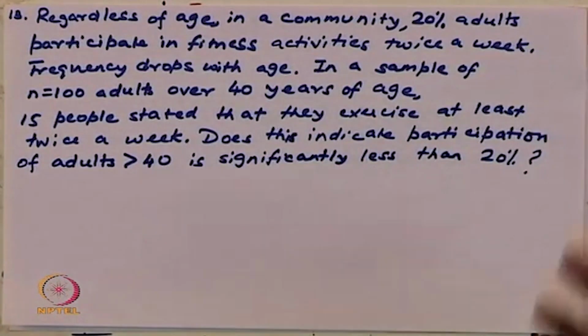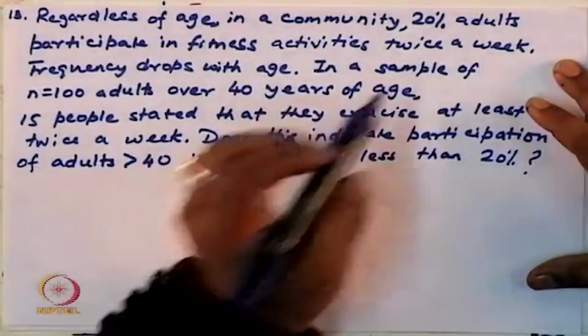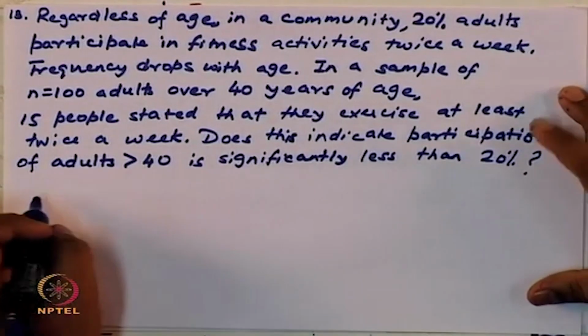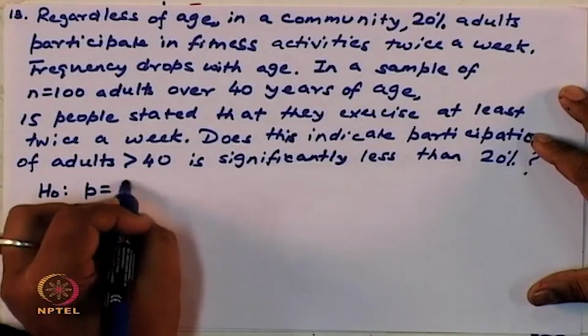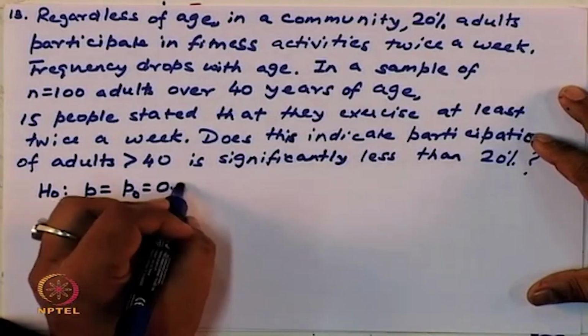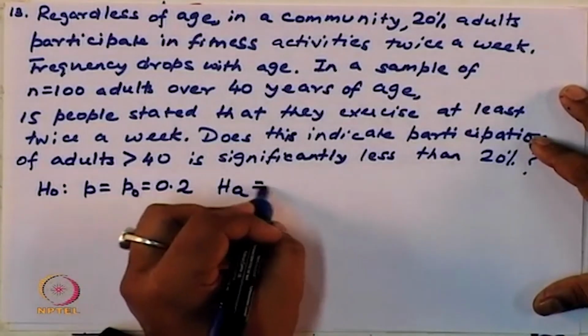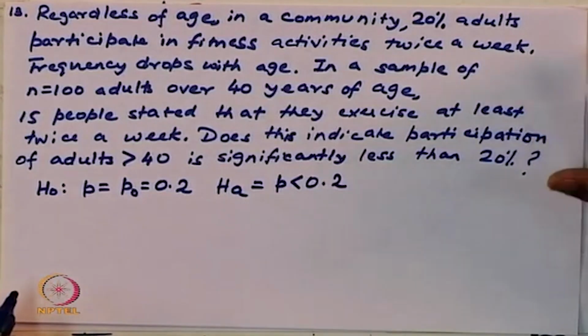Okay. So, what you are given in this problem, so 20%, so you have a problem about proportions. Okay. Your null hypothesis H0 is P equal to P naught equal to 0.2, and your alternate hypothesis is P less than 0.2. Okay.